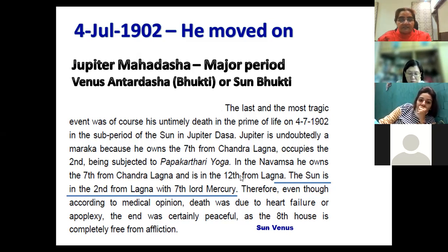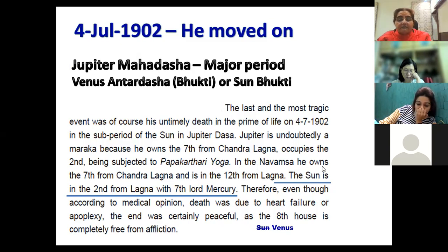I think some typing mistake is there. And again, the Sun is in the 2nd from the Lagna with the 7th Lord Mercury. Both Sun and Mercury are in the 2nd house, so they can be Marka.